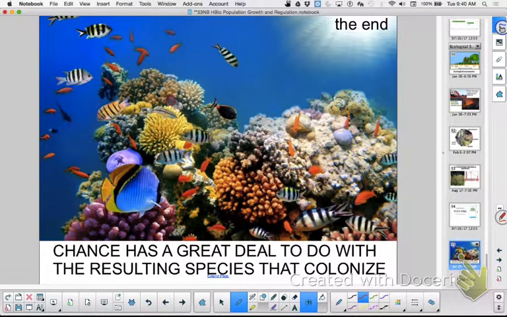And on your models of succession summary, intermediate disturbance can be healthy for an ecosystem. And B, it's a complex process. Chance has a great deal to do with the resulting species that colonize.